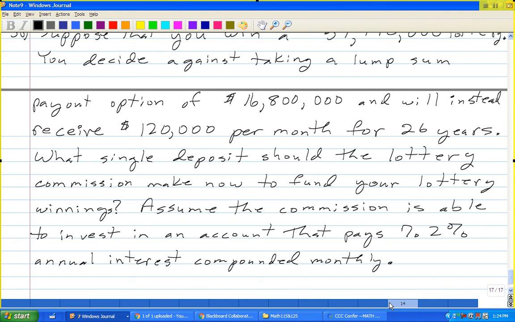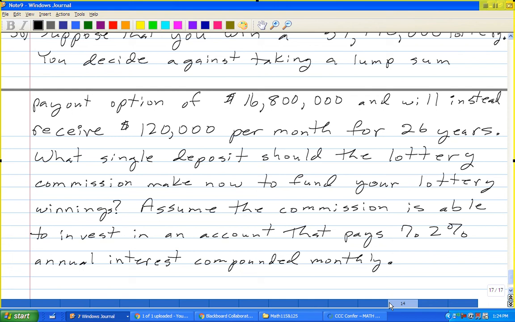Now the question is, if the California Lottery Commission wanted to fund this, how much money do they have to put into this fixed annuity that pays 7.2% interest compounded monthly, so that they can take out $120,000 per month for 26 years?